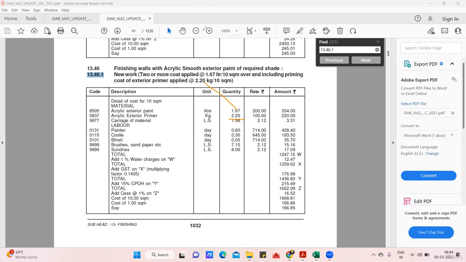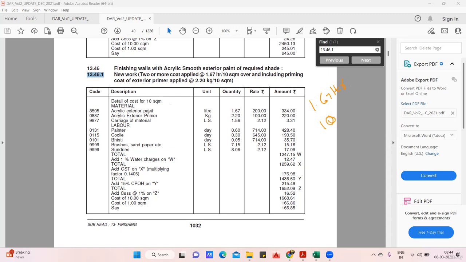Now you can consider this as a thumb rule also. For example, let us say you're doing an exterior painting and somebody asks you how much paint is required. You can say 1.67 liter of paint will cover 10 square meter.